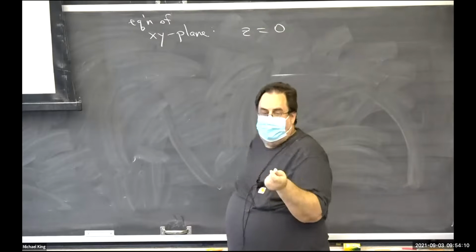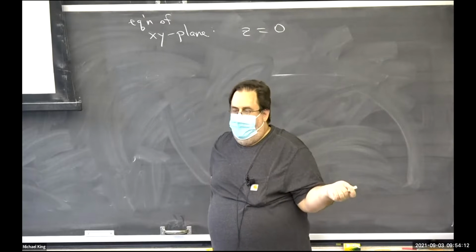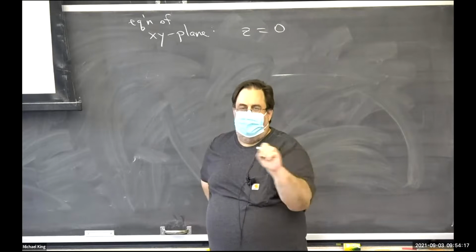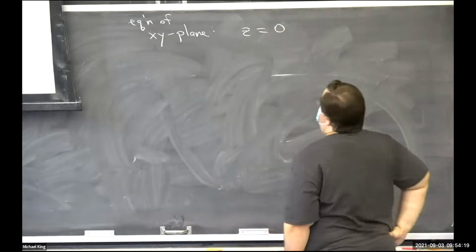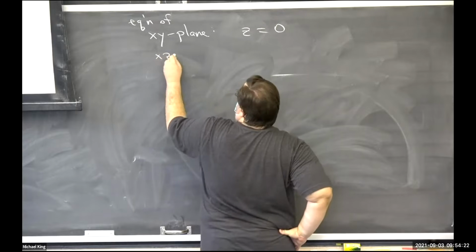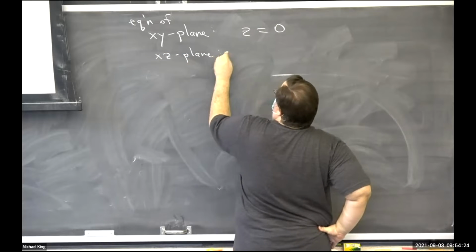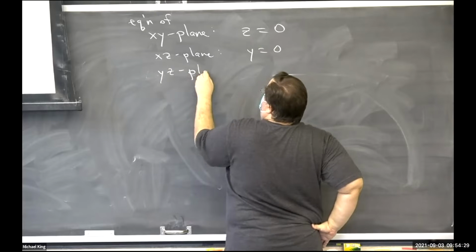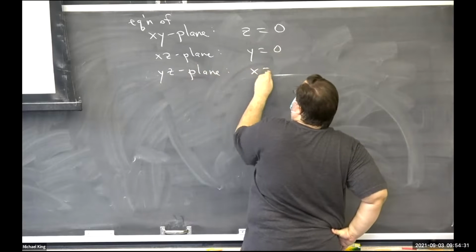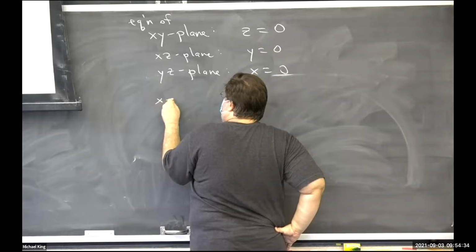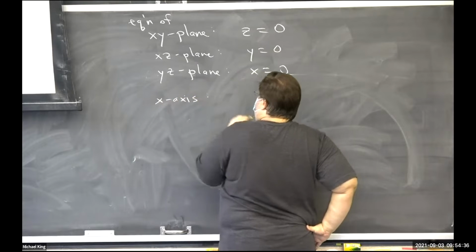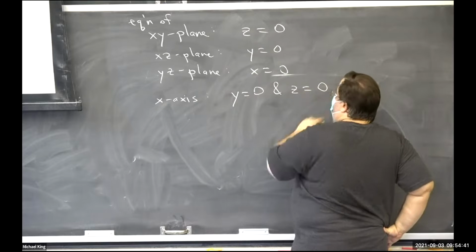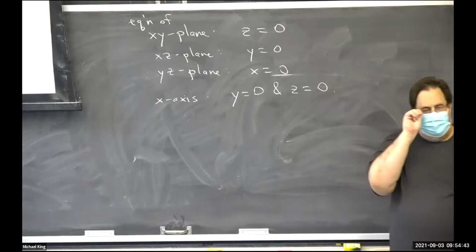A lot of times you should think, what's the analog in 2D? The x-axis in 2D has the equation y = 0. So this is like z = 0. The xz plane is y = 0. The yz plane is x = 0. If you wanted something like the x-axis, you'd have to say both y = 0 and z = 0.